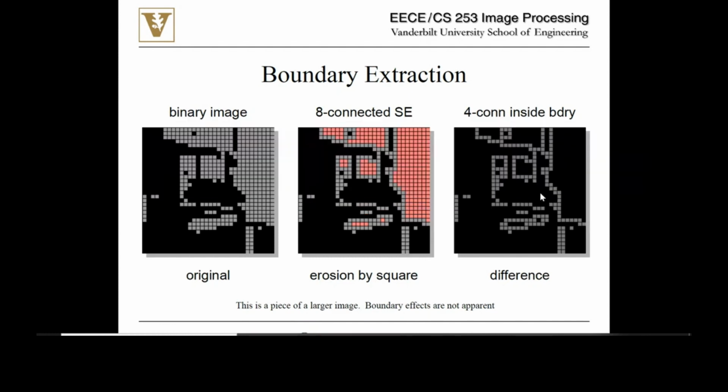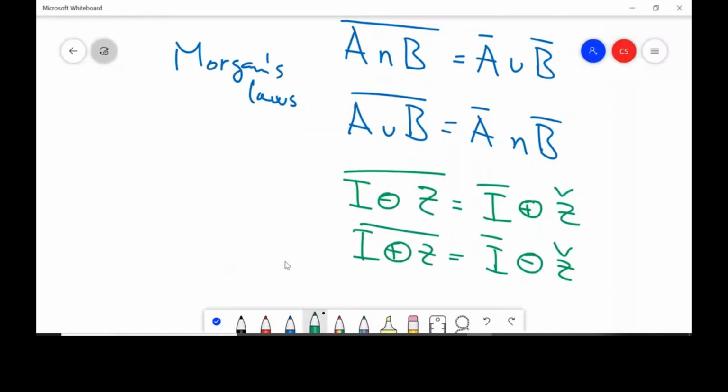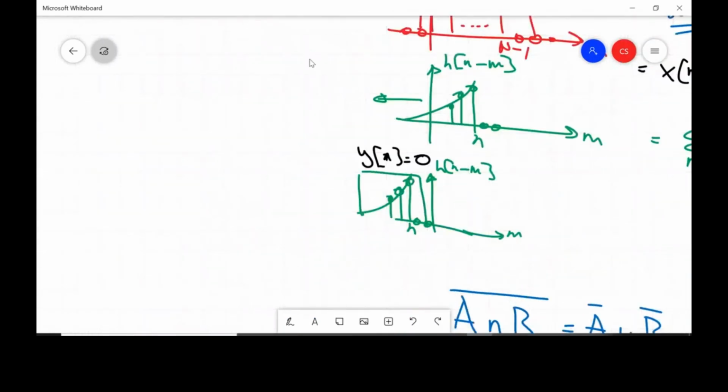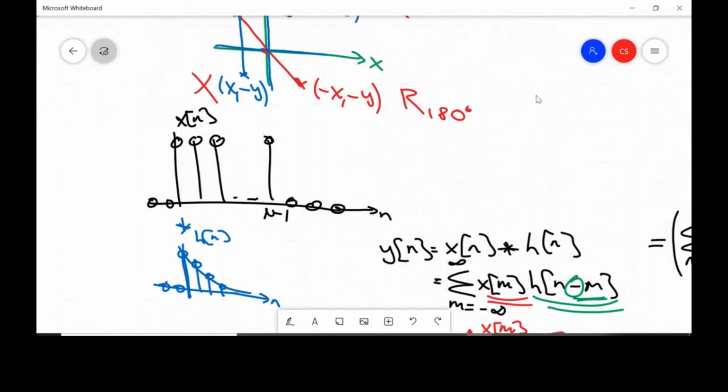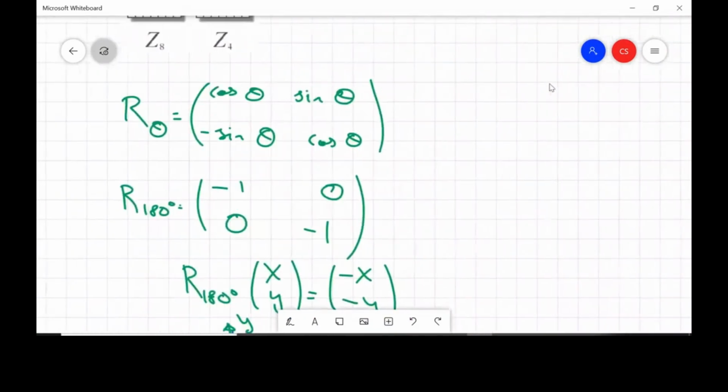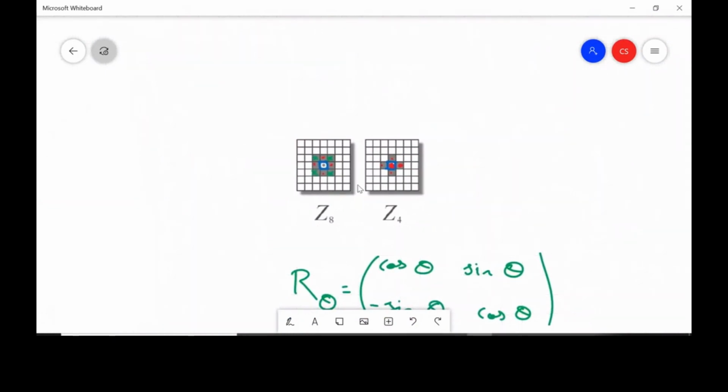This is related to what we explained at the beginning of the lecture, about how we define something as a neighbor. In set 4, the neighbors were defined by sharing an edge, while in set 8, the neighbors were defined by sharing an edge or a corner.